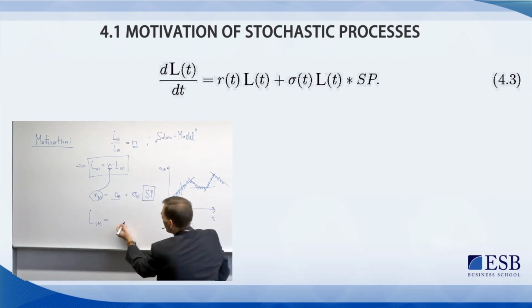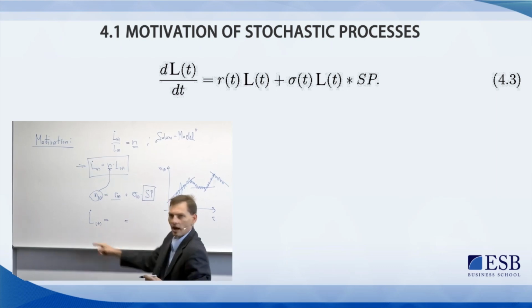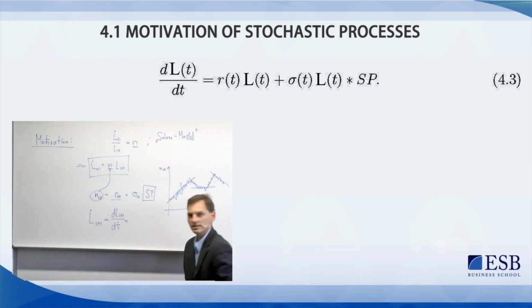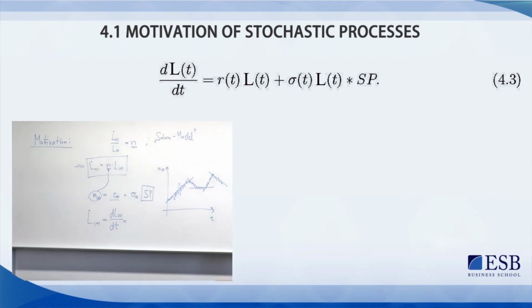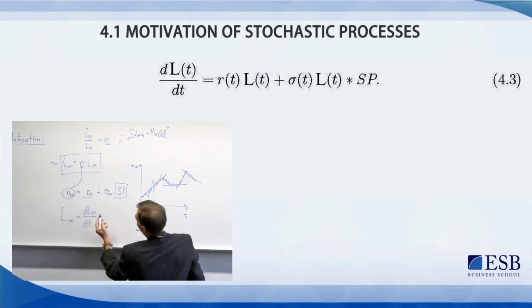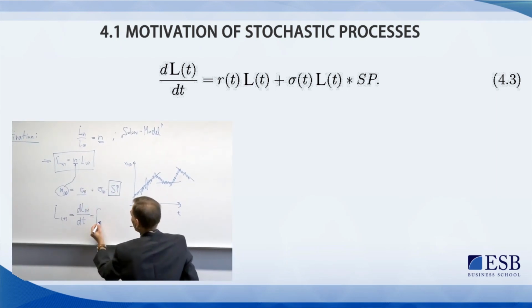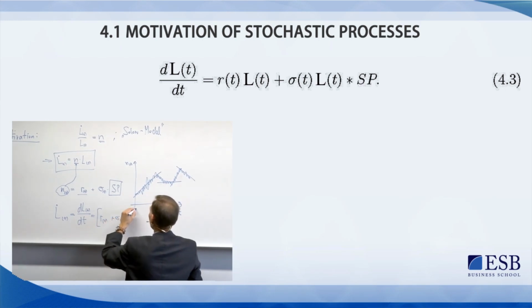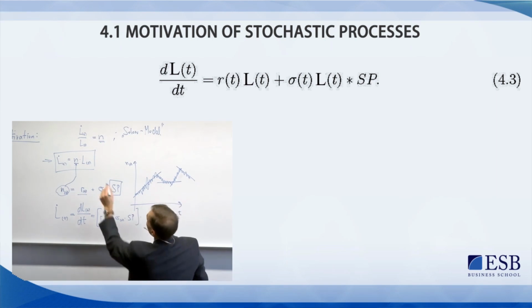By the way, maybe I make an intermediate step. How can I write down L dot? Well, this is the derivative of L with respect to time, right? L dot, as I mentioned, is just the first derivative of my function with respect to time. So then I say, well, for n I write down this new term, which is R plus sigma times my stochastic process, times L.